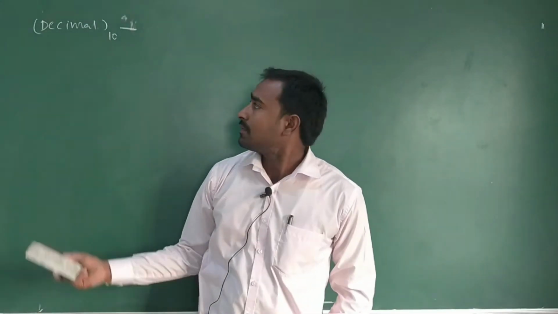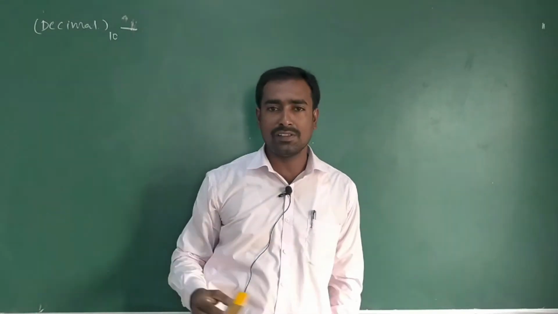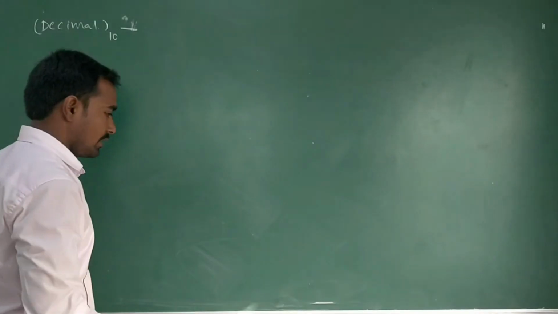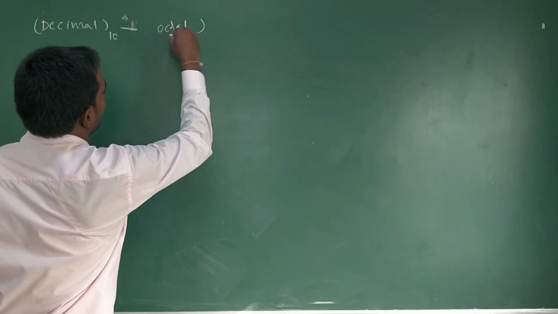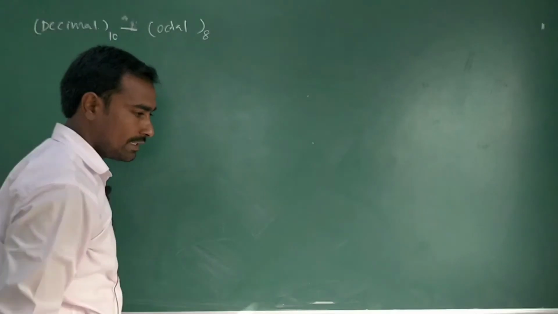Next we have the conversion of decimal numbers into octal numbers. In octal numbers, we have the base or radix of 8.